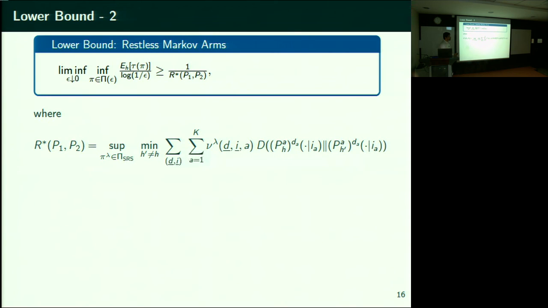After you stop, you accumulate the cost associated with that as well. If it is a policy with error less than or equal to epsilon, then the actual stopping time is bigger than or equal to this multiplied by log 1 over epsilon. This comes from the fact that your actual policy had a certain state occupancy measure. It might be non-Markovian, but nevertheless it has a certain state occupancy measure.